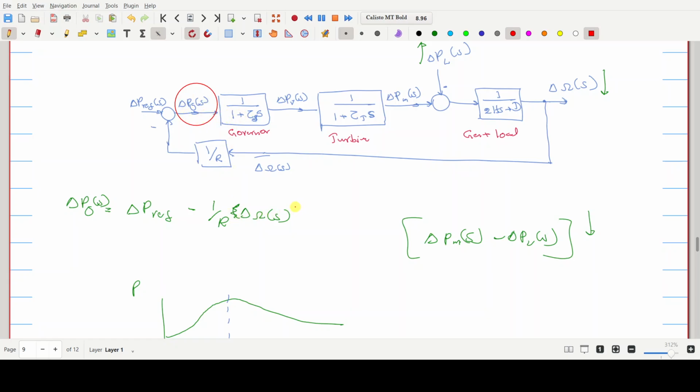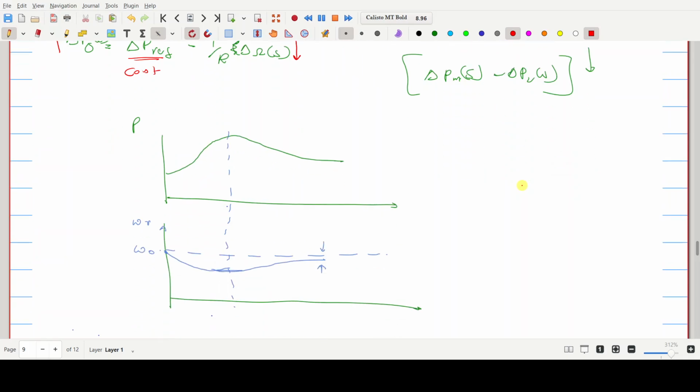You can see when the frequency or the speed drops here, if you keep the reference constant, this entire thing will be larger, that means delta Pg will increase, which increases the supply to the governor. So if it's a steam turbine, it will increase the amount of steam going into the turbine by changing the valve position, right?